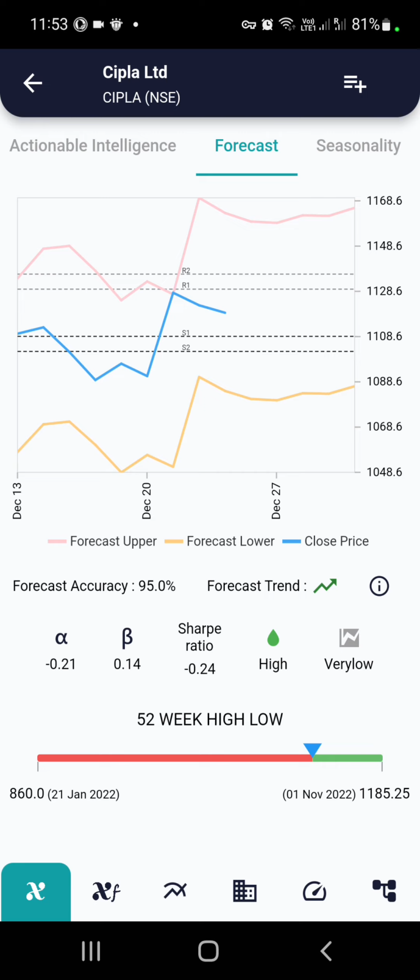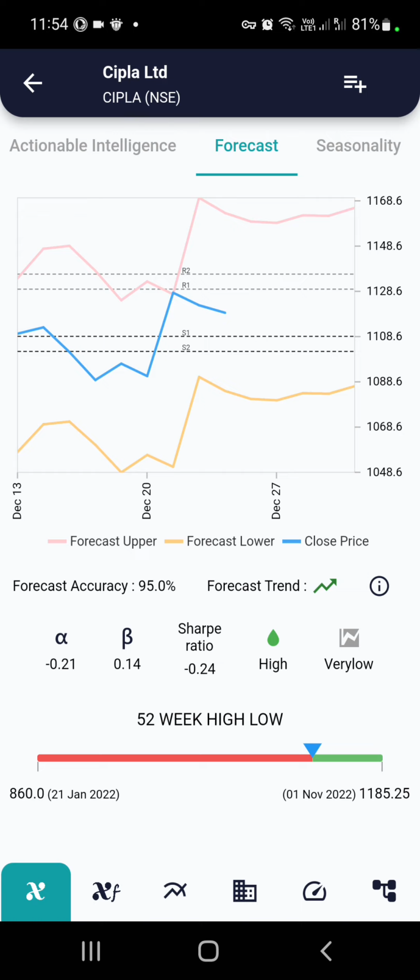The line above basically shows the forecast upper limit, and the lower line shows the forecast lower limit. The actual price, which is in blue, has been within the range in the past few days. You can see the historical forecast accuracy, which is at around 95%, which basically means that we have been forecasting the price on a more accurate basis in the past.